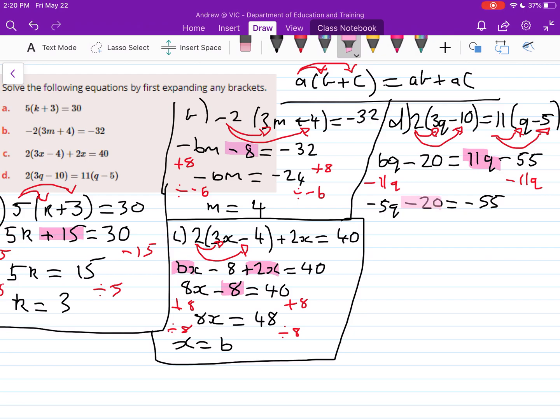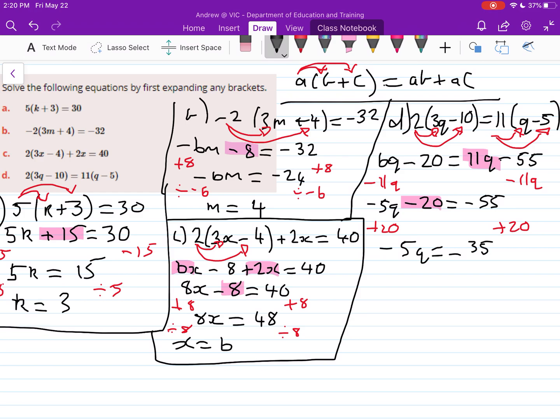So this one's the easiest thing to get rid of. It's by itself. Okay, so it was minus 20, so we need to add 20 to both sides. So here, minus 5q, so minus 55 plus 20, it isn't negative 75, it's negative 35.